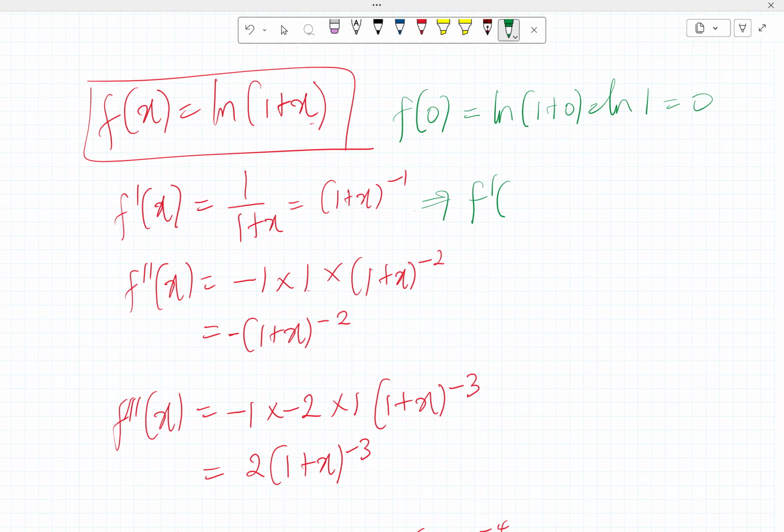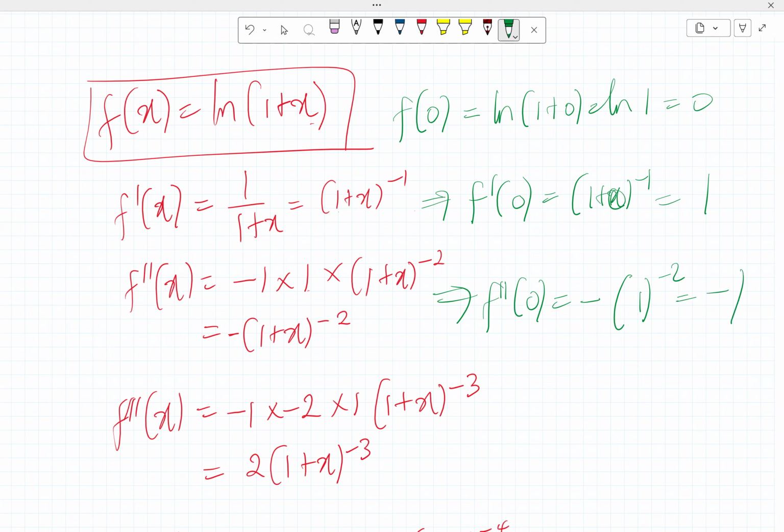And then f'(0), that is (1 + x)^-1. Because x is 0 now, that is simply 1. Then here we have f''(0), that is minus 1 raised to power -2. So this is simply -1 in short.